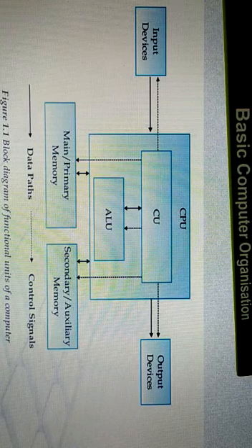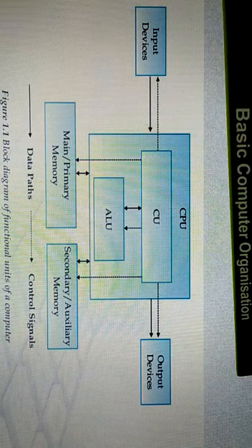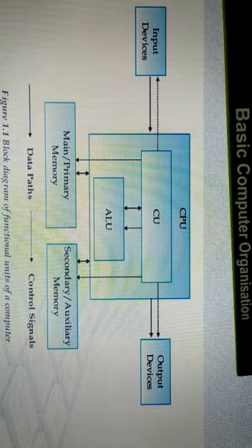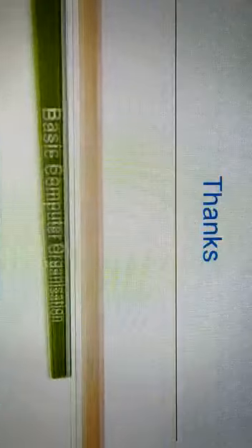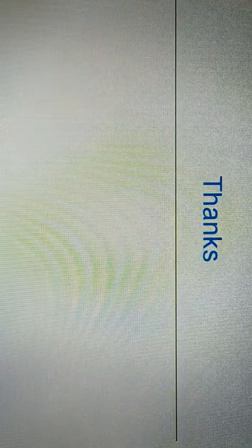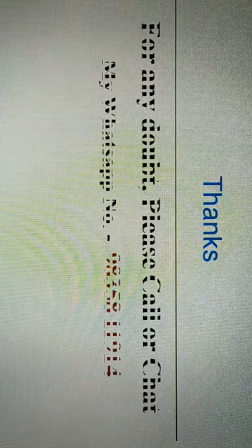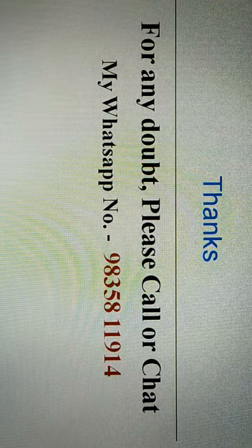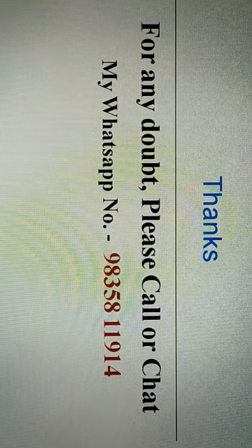So students, in this session you have learned about the CPU and various parts of the CPU and how the computer works. In the next session we will discuss the memory units.